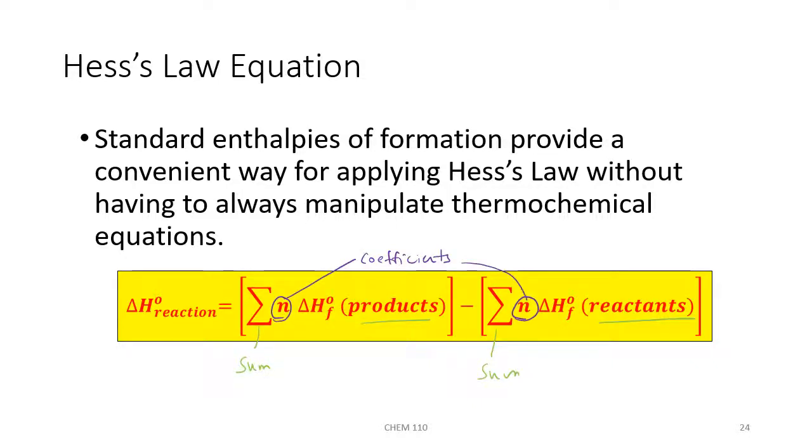So our little n symbol represents those coefficients that we would multiply by. Heats of formation are measured in units of kilojoules per mole, and when we multiply by the coefficients, which are mole ratios, the moles will cancel and we'll just end up with units of kilojoules for our heat of reaction. The heat of our reaction could be positive as in endothermic, or it could be negative as in exothermic.